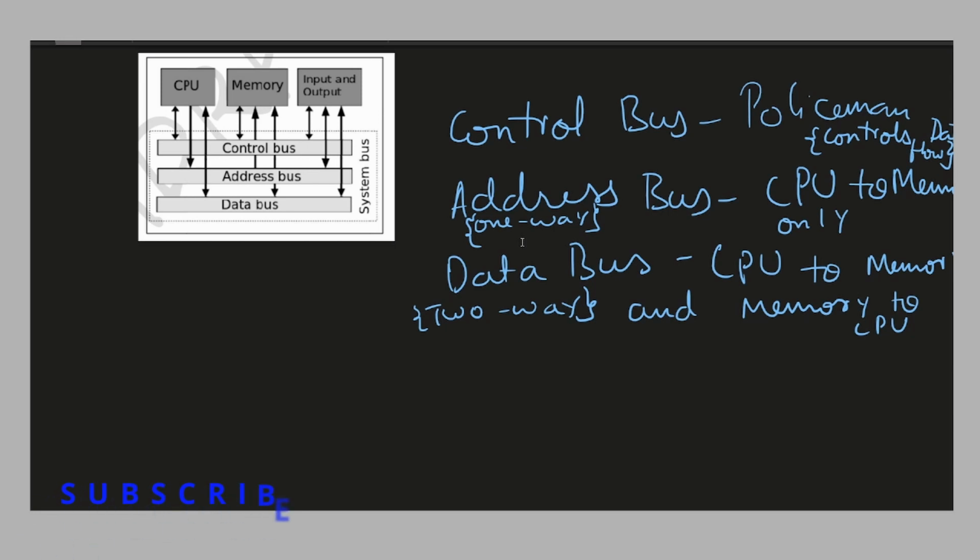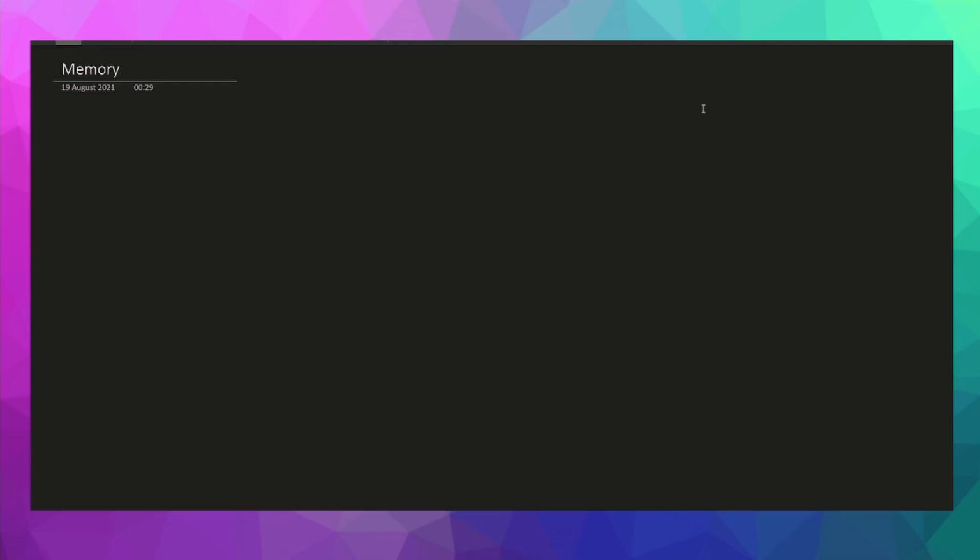Now in the next part, we'll learn about memory. There are two different types of memory: primary memory and secondary memory. But before that, what is memory?